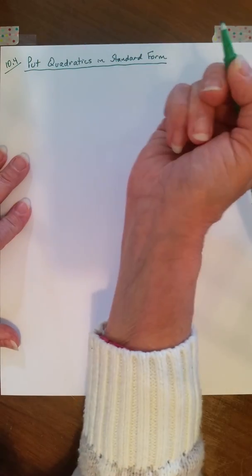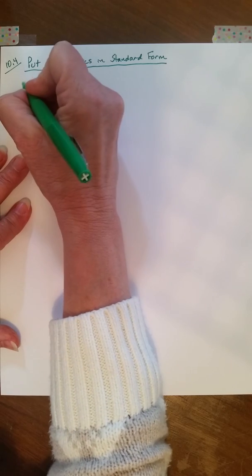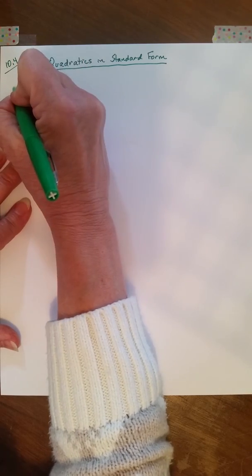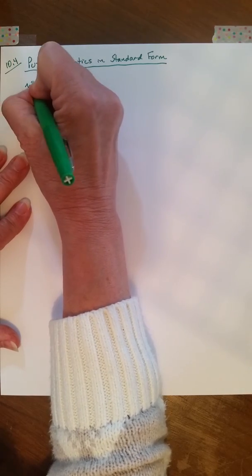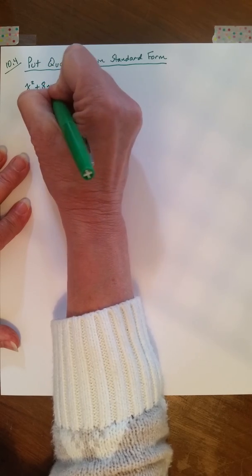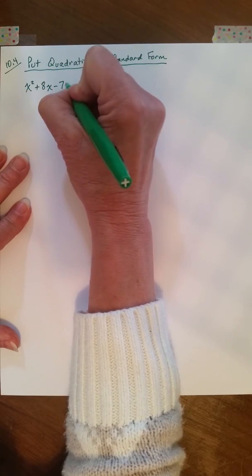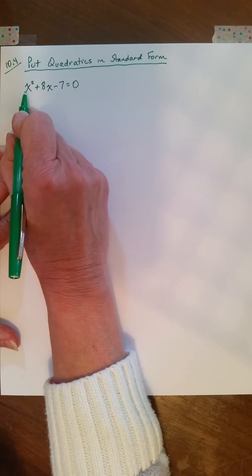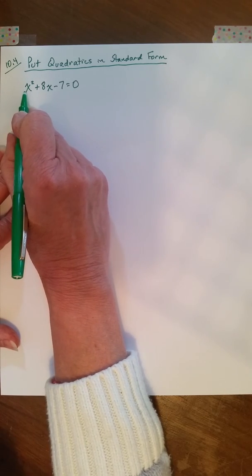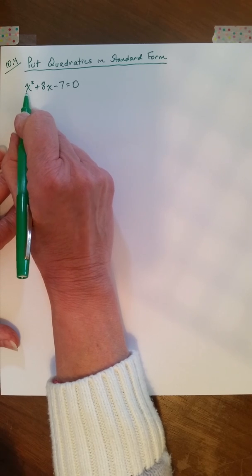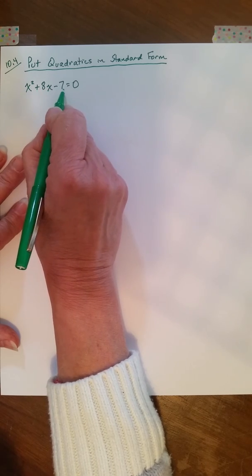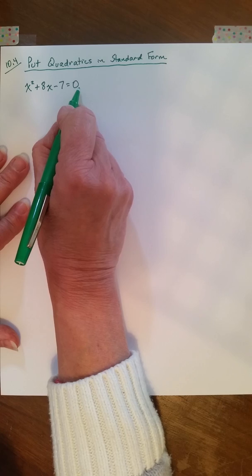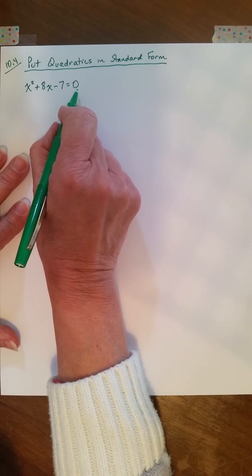If I have a quadratic like x squared plus 8x minus 7 equals 0, that's in standard form because our leading coefficient is positive. We start with an x squared term, then an x term, then a constant, and we have it set equal to 0. This is standard form.